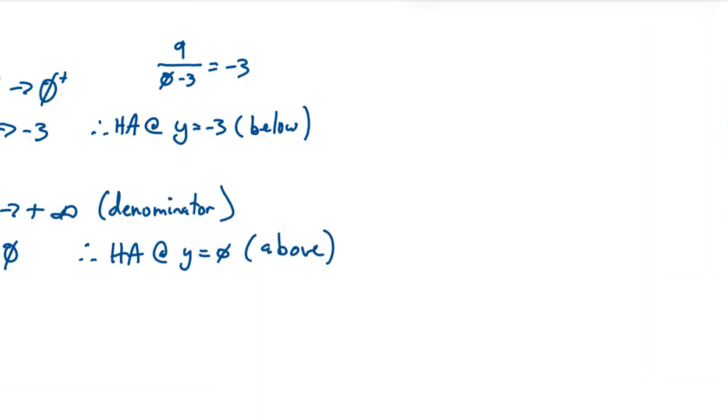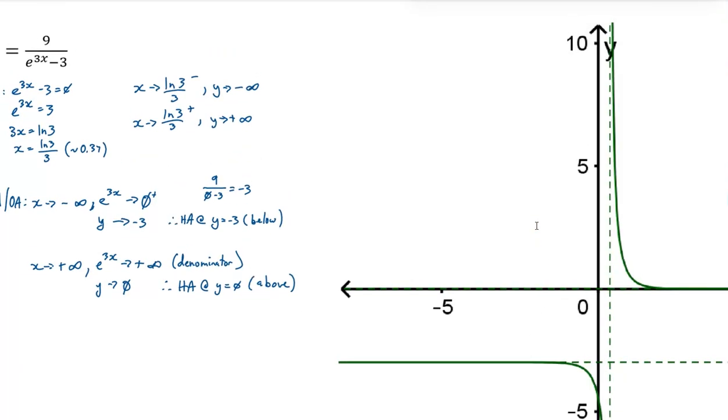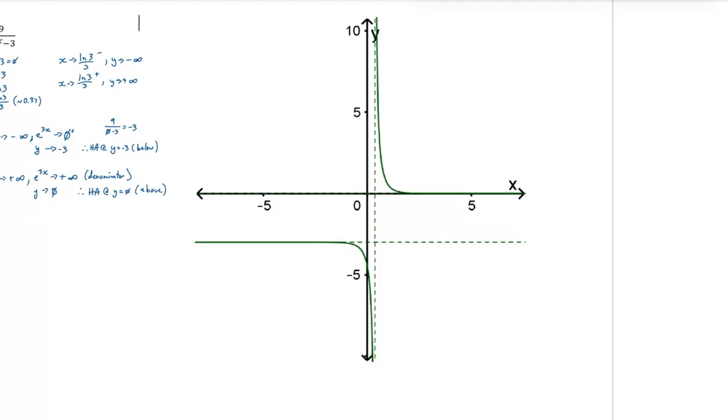Any questions about that one? Looks like that. Again, not that interesting in terms of the calculus part. It looks like a rational function, but it is interesting that it has a different horizontal asymptote going one direction compared to the other.